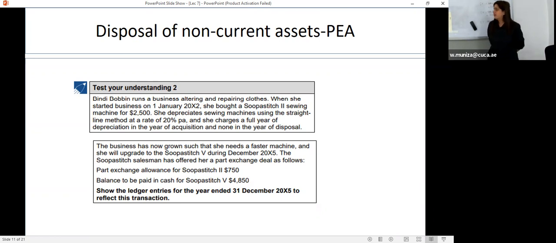Okay. What was your carrying value? 2,500 minus 1,500. How much is it? $1,000. Very good. And what are the sale proceeds? 750. Clear, students?